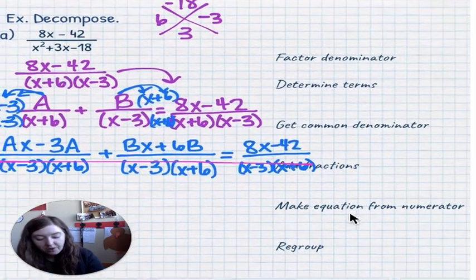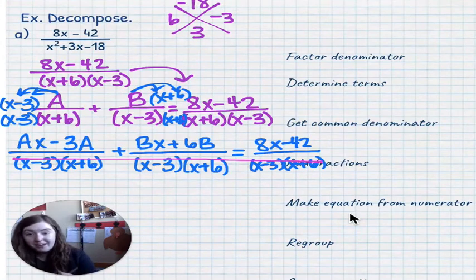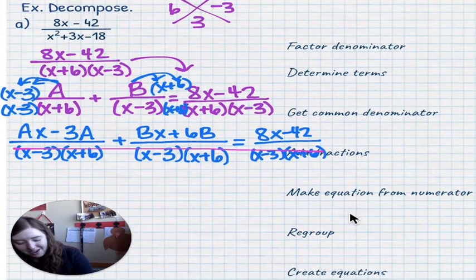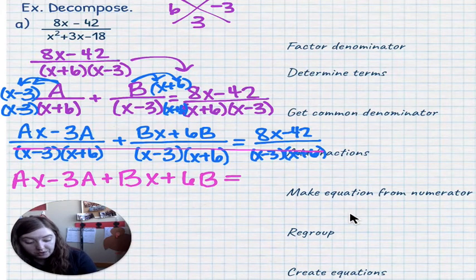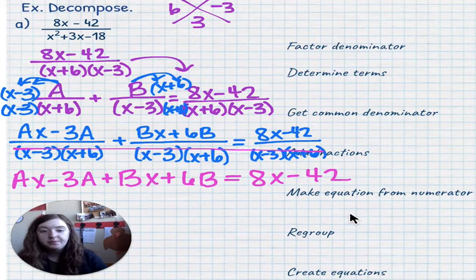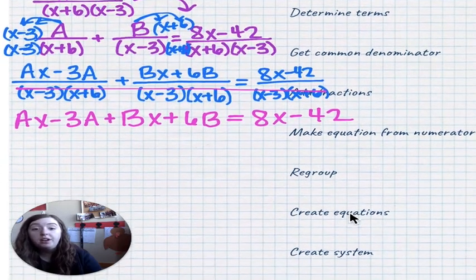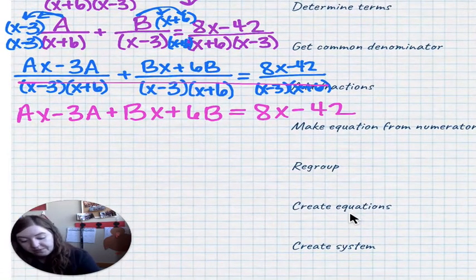So we're going to make an equation from our numerator. So right now we know that ax minus 3a plus bx plus 6b equals 8x minus 42. Now what I'm going to do is group my like terms together. So I'm going to make an equation out of my x's.